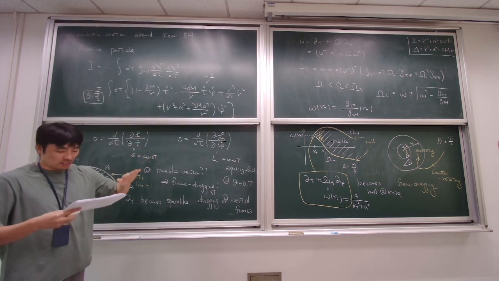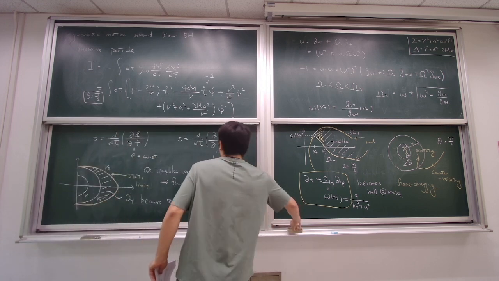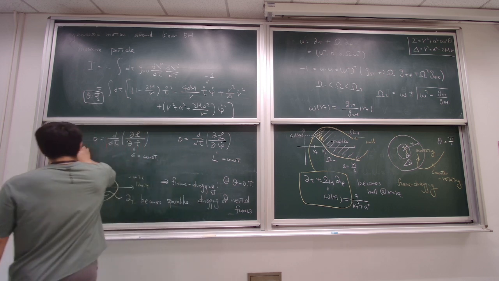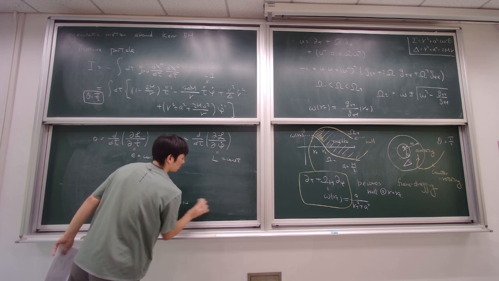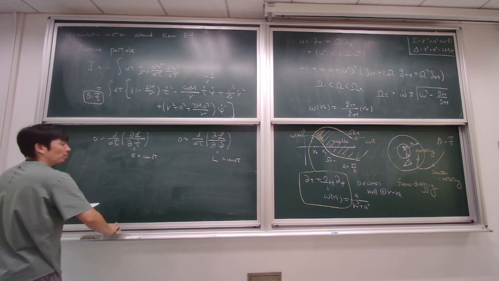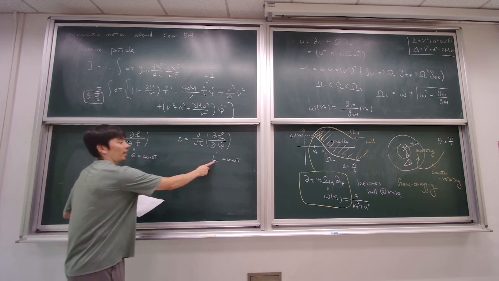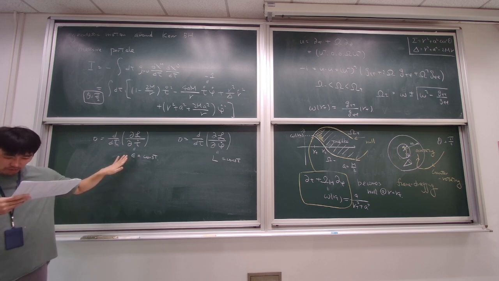Use these constants and just write down the variation in the radial direction. Last time when I wrote E, epsilon and L, I think I had a typo, in t dot.